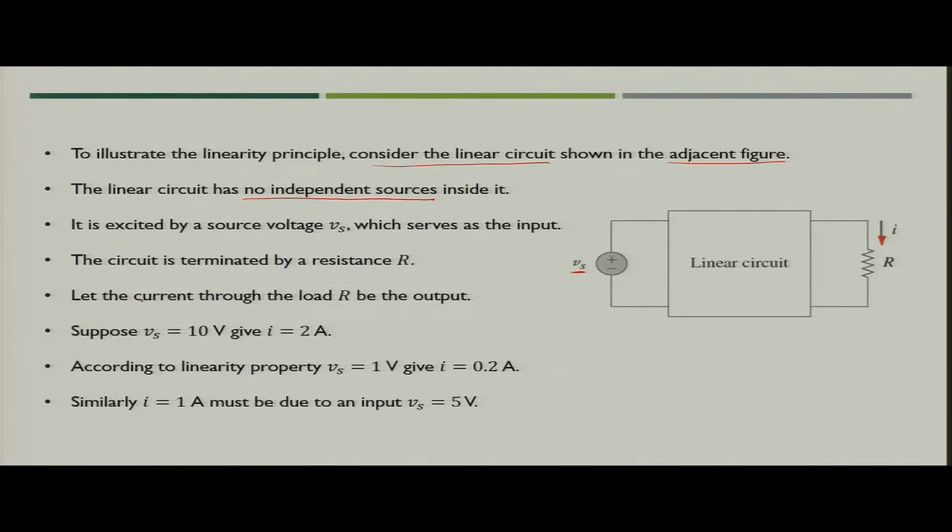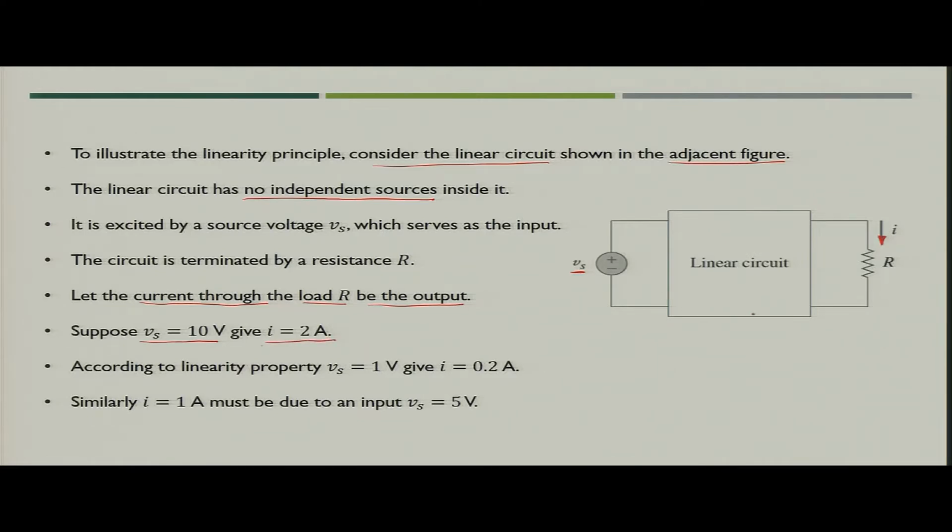Now, if current through the load R is the output, and in one case when you apply Vs equal to 10 volt, we get current as 2 ampere.